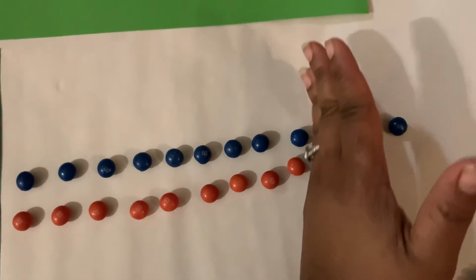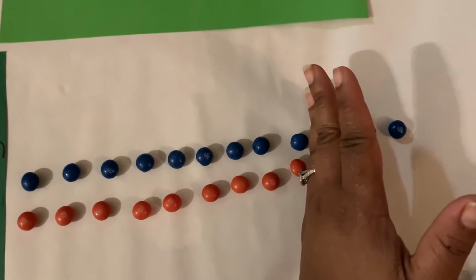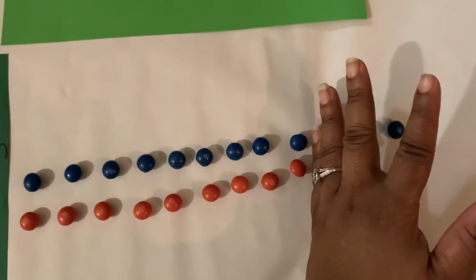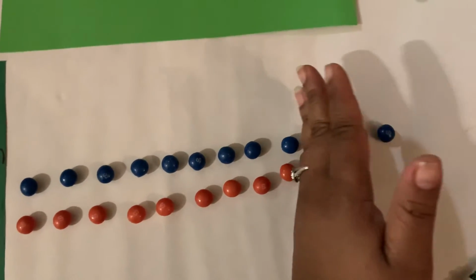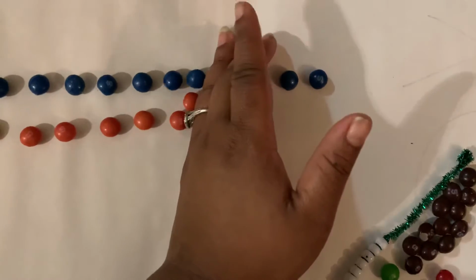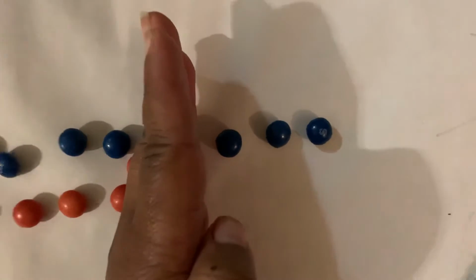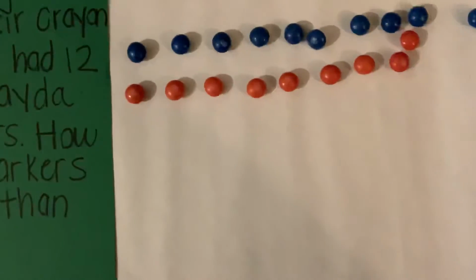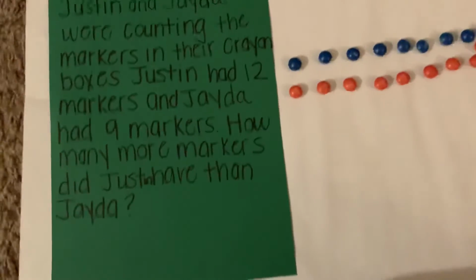So right here, up until here, they have the same amount. So how many more does Justin have? Okay, let's look here. It looks like Justin has 3 more. Again, Justin has 3 more. So Justin has 3 more markers or 3 more Skittles than Jada.